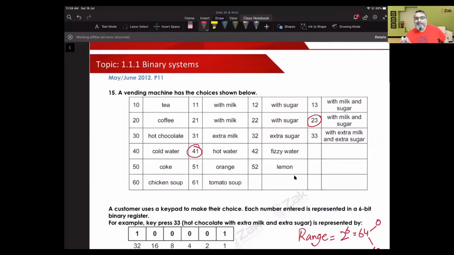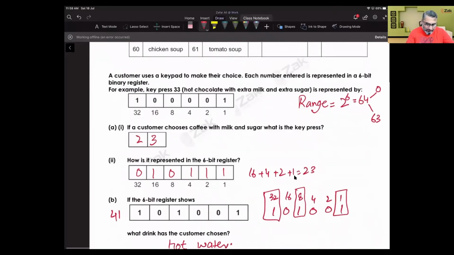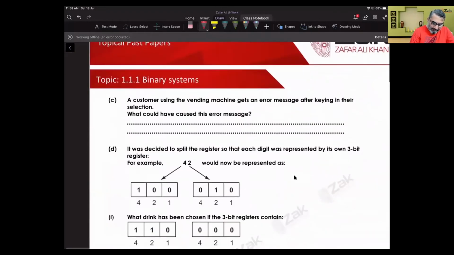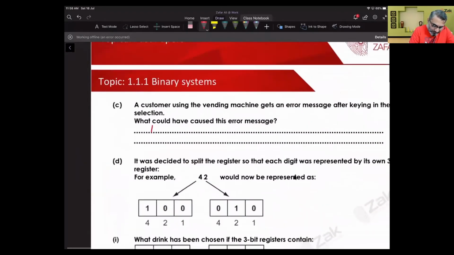So your answer would be: the menu number that is chosen does not exist.